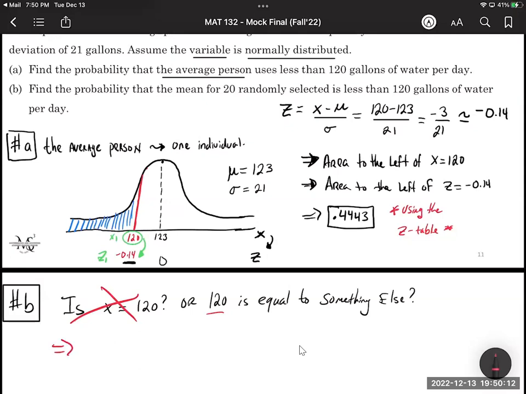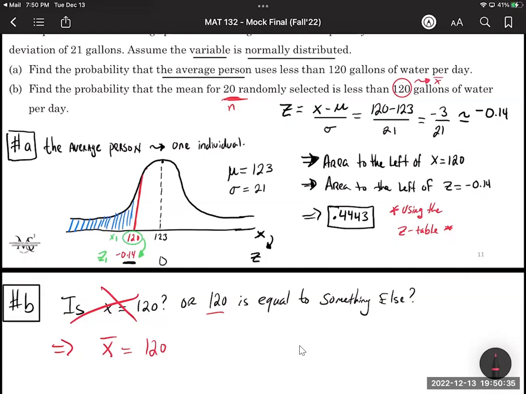That something else is precisely the sample mean, right? If I randomly selected 20 people, that's going to be the value of n. What is the probability, of the 20 randomly selected people, that the sample mean is less than 120? So in this problem, the 120 is your X bar.